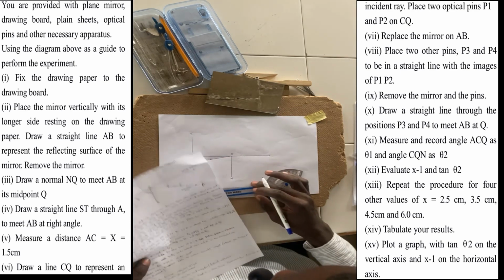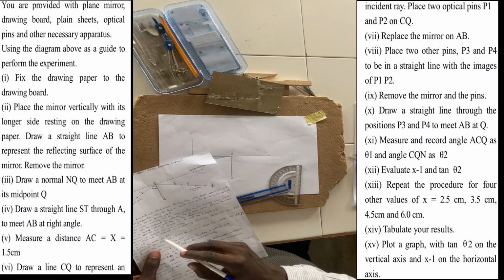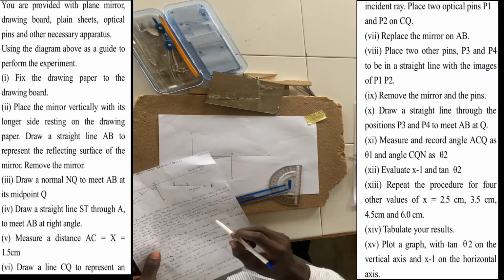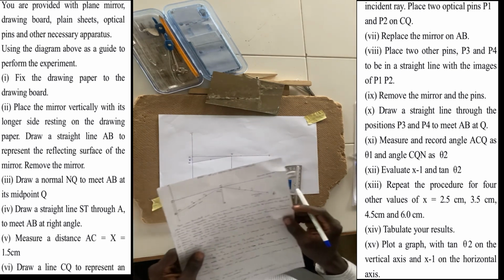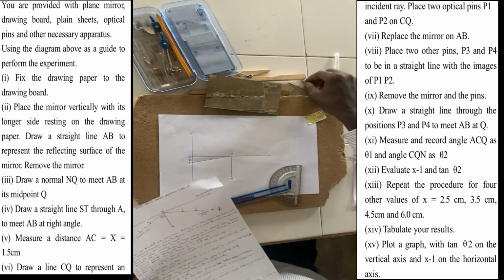Now line CQ, to represent an incident ray, place the 2 pins P1 and P2.